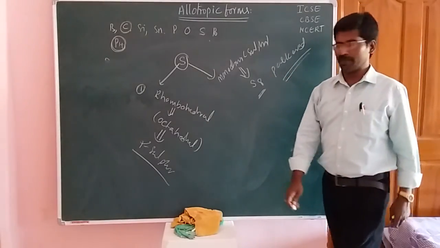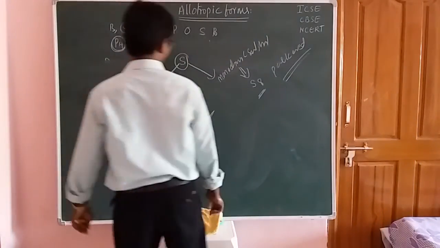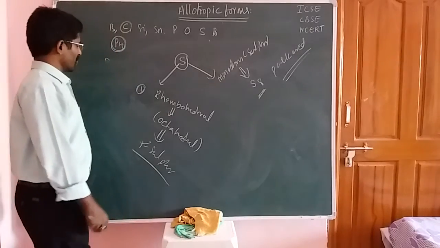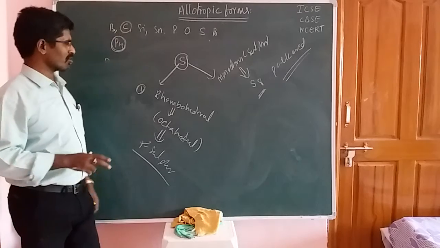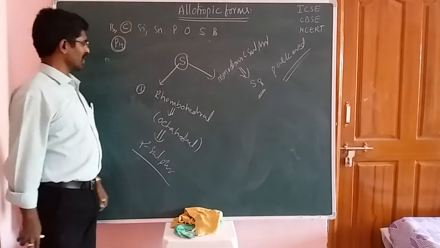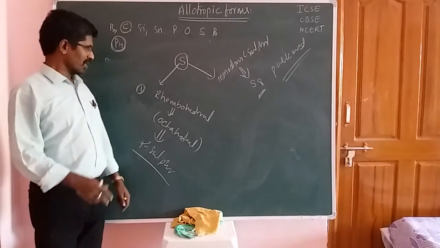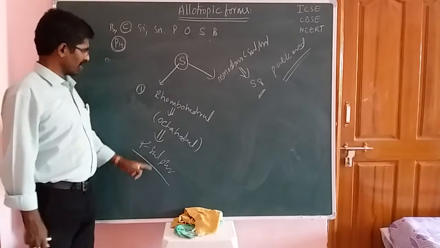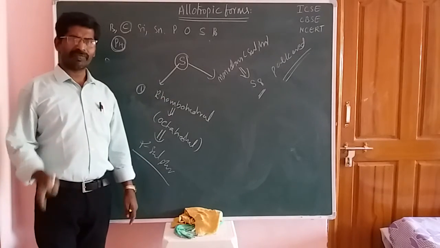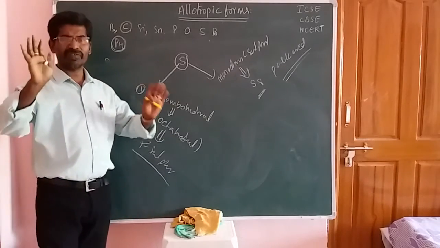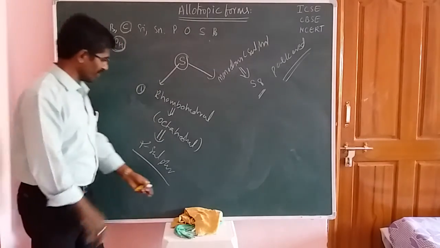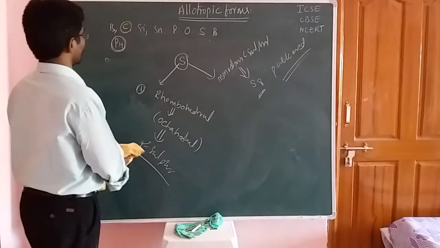Okay, students, so these are the allotropic forms of sulfur. Sulfur has two most important allotropes: rhombohedral and monoclinic sulfur. The rhombohedral is also known as alpha sulfur, and monoclinic sulfur is also known as beta sulfur.